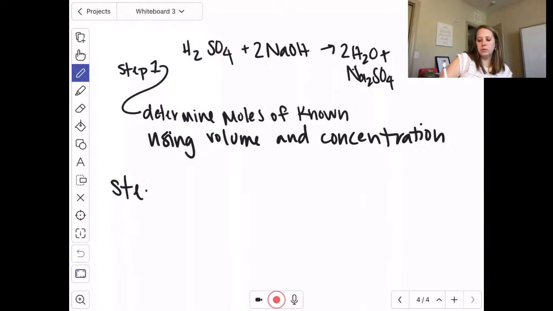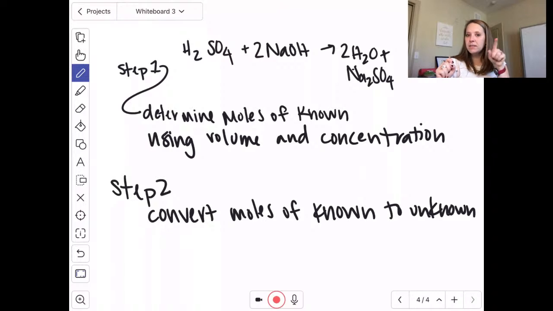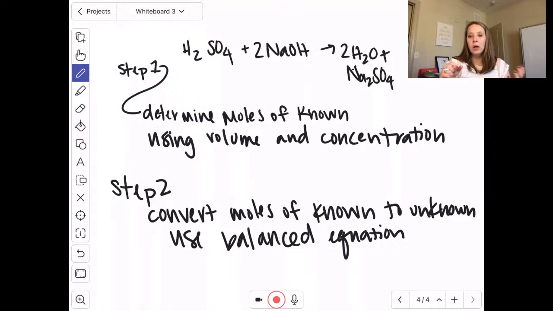So step 2 is to convert moles of known to unknown. This is pretty simple, to be honest. The reason this is simple is we're going to use the stoichiometric coefficients. So we're going to use the balanced equation. So now we have the moles of our unknown.